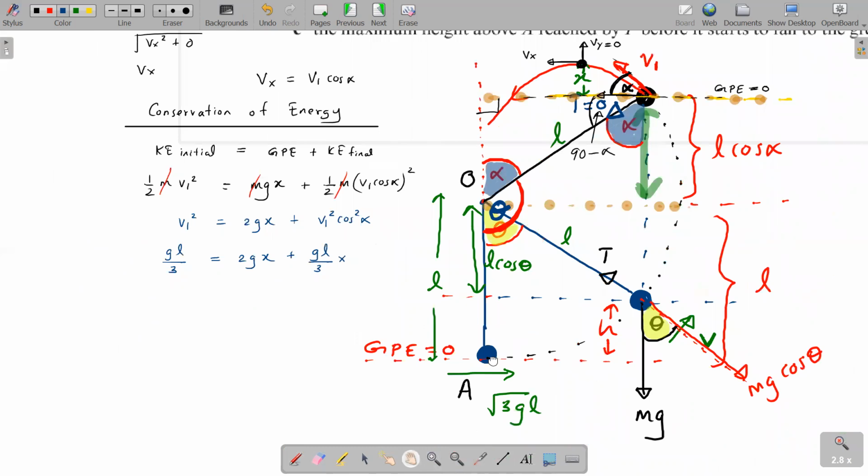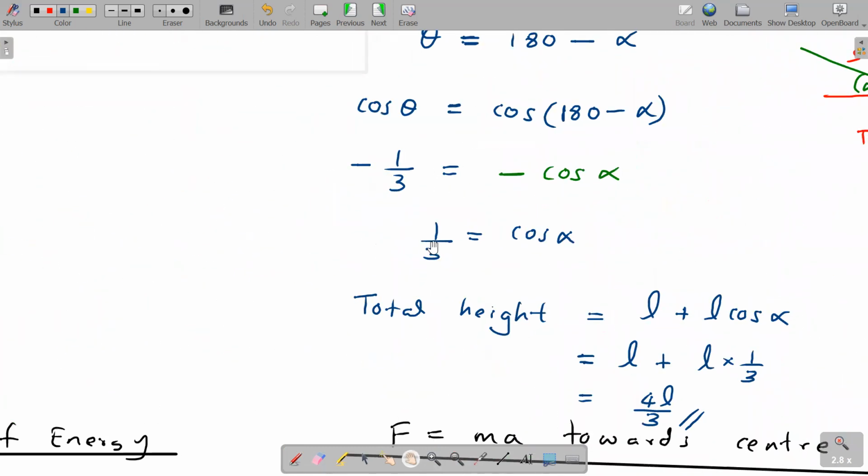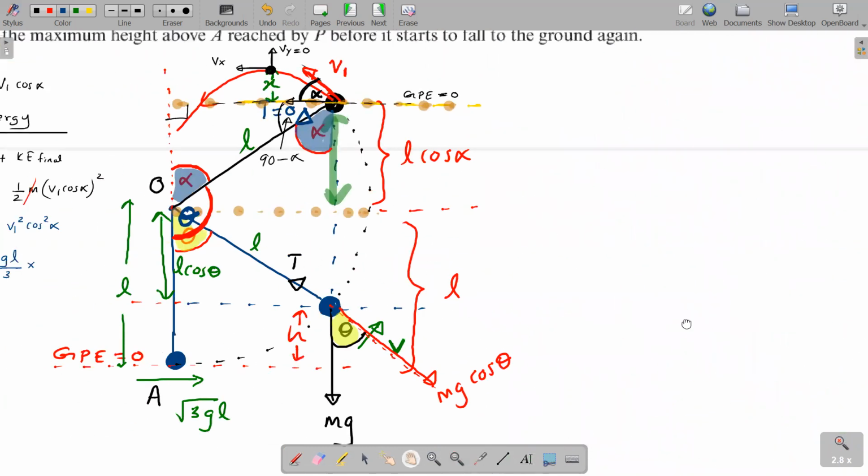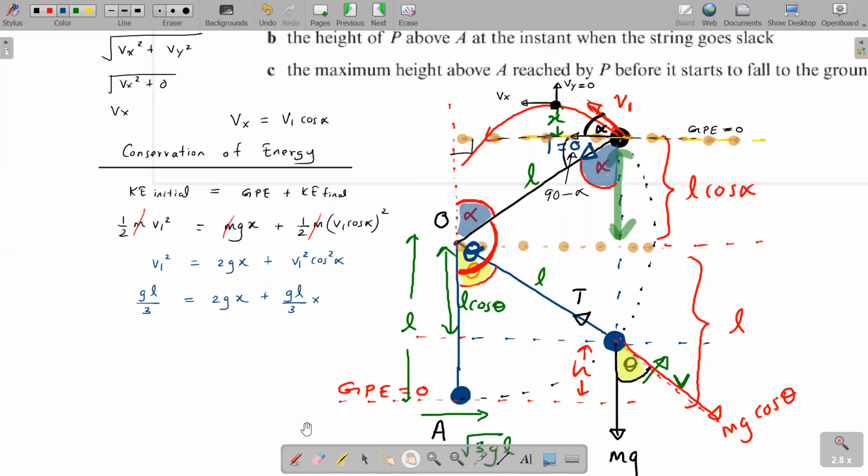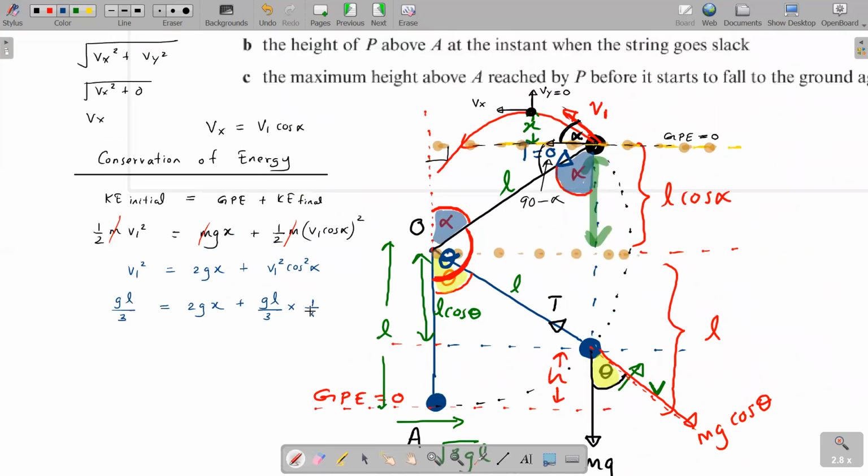We found cos alpha was 1 over 3, so it's squared. So gl over 3 equals 2gx plus gl over 3 times 3 square, that's 9, so that's 27.